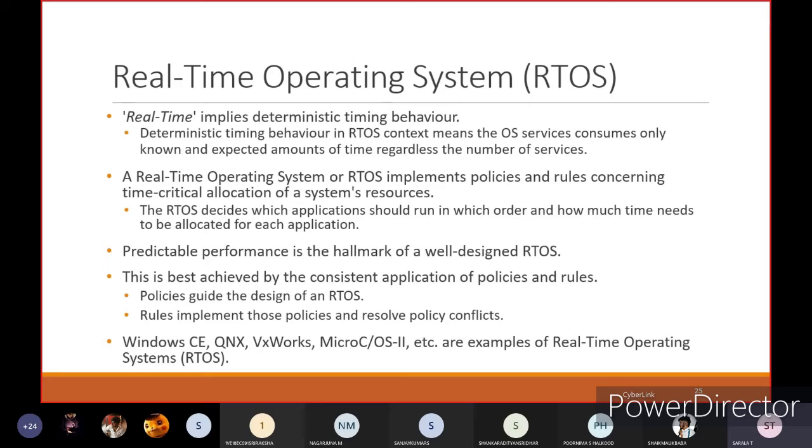Here, if you have hundreds of tasks or hundreds of services, it won't check for the number of services.